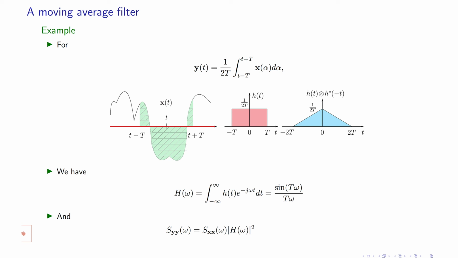So whatever the power spectral density of the input, say S_XX of omega, you have to multiply it by this sinc to the power of 2. So this is what we get.